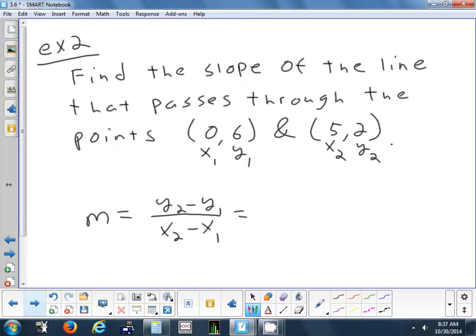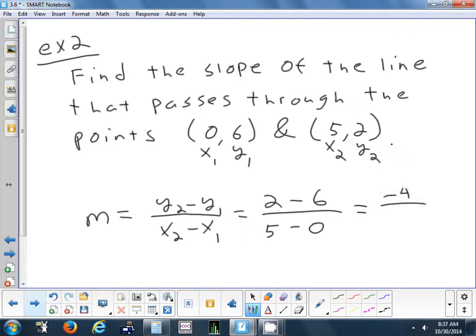The biggest mistake I usually see is either people flip that, which you don't want to do, or when there's negatives for coordinates, they get confused when they start subtracting a negative. So just be careful with the arithmetic. So y2 is 2, y1 is 6, x2 is 5, x1 is 0. Okay, 2 take away 6. Luke, what does that give me?